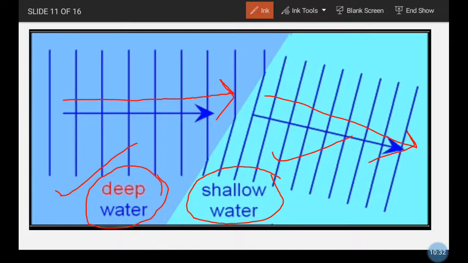This is known as refraction of waves. Or when a wave enters from deep water into shallow water, or from shallow water into deep water, then it also bends from its path. This phenomenon is also known as refraction of waves.